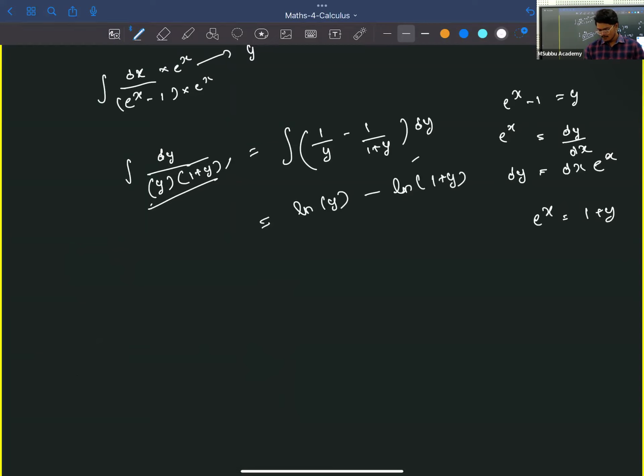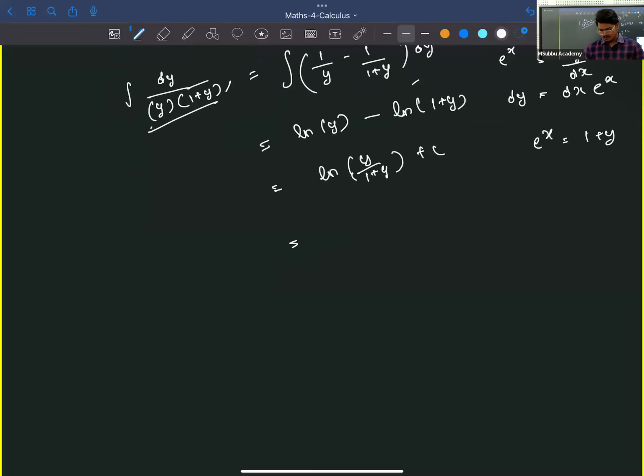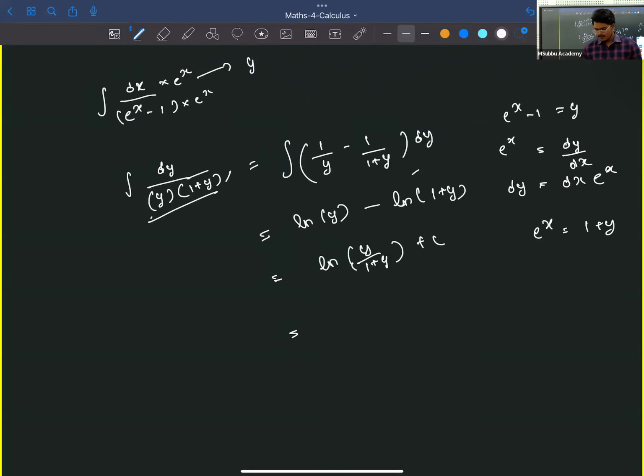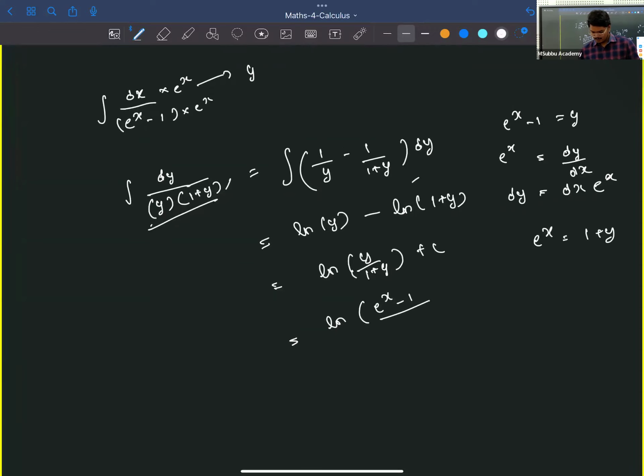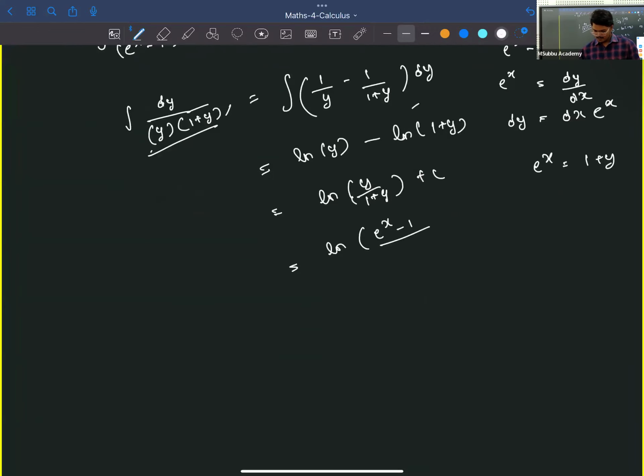Okay, so from this, we can write it as ln of y by 1 plus y plus c. Okay, so from this, y is nothing but e power x minus 1, and 1 plus y is nothing but e power x.